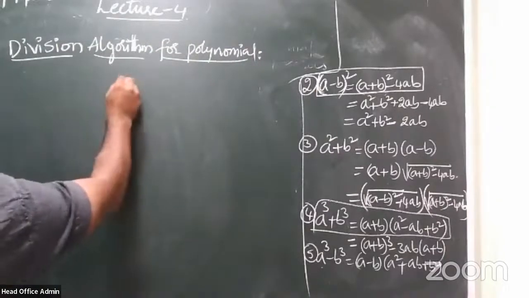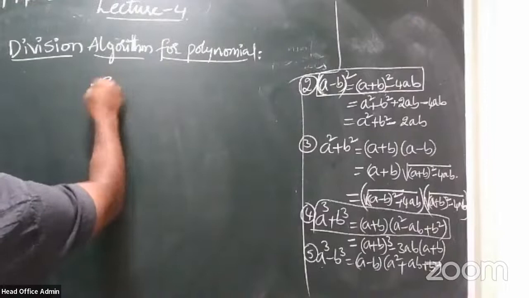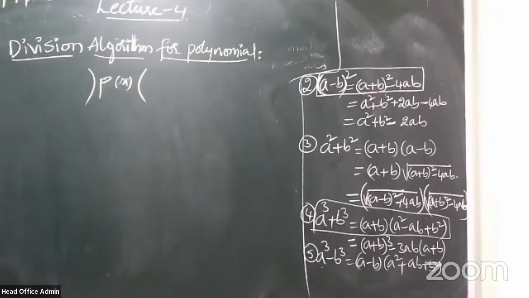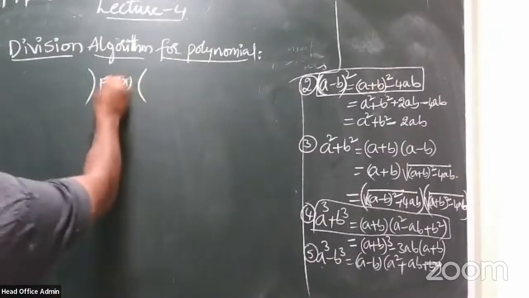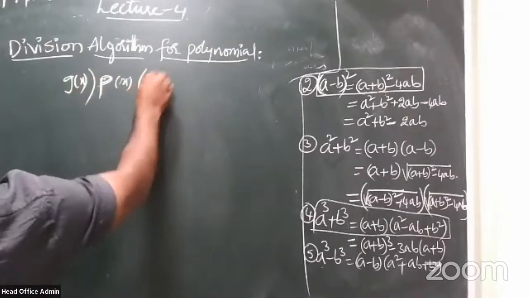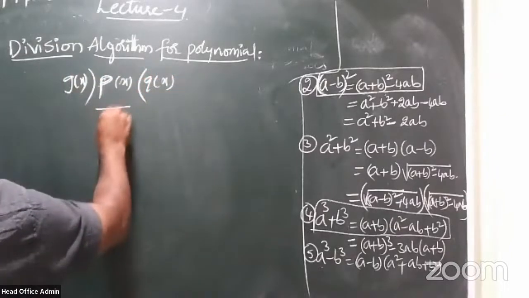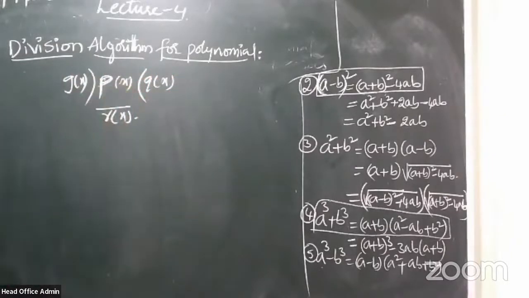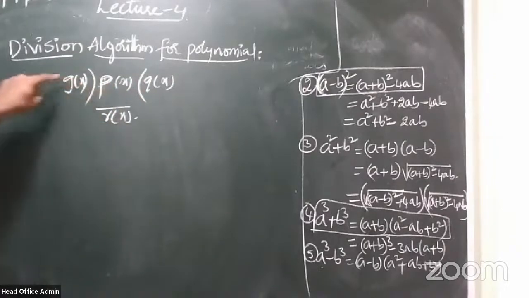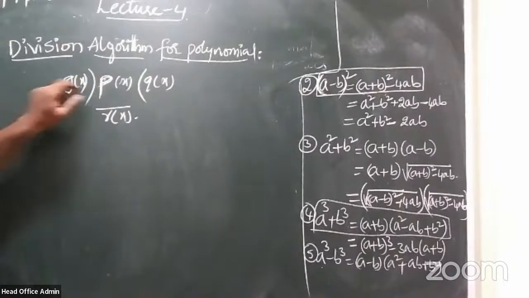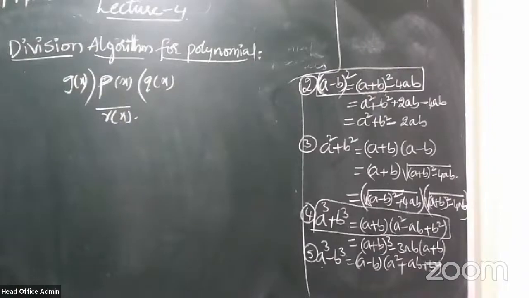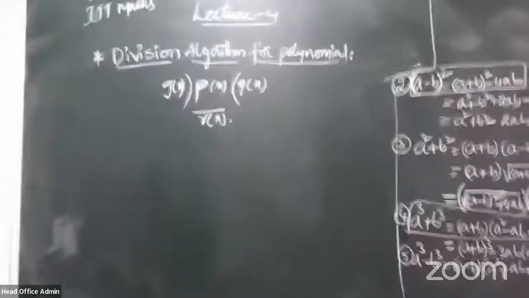Suppose P of X is a dividend. If P of X is a dividend polynomial, G of X is a divisor, Q of X is a quotient, and R of X is the remainder.